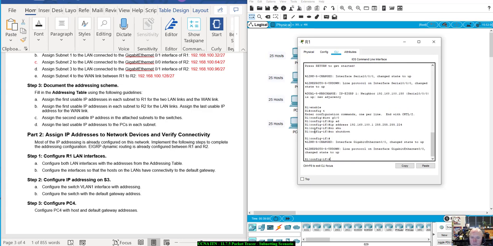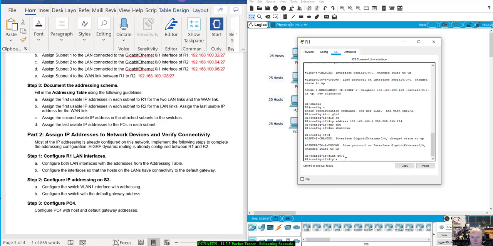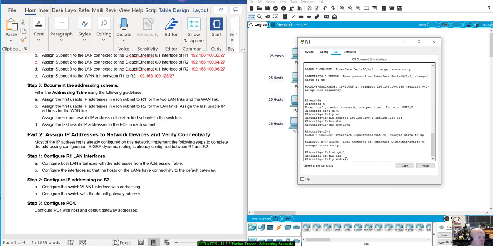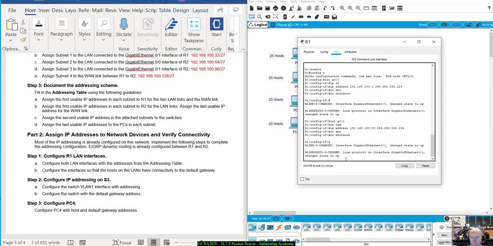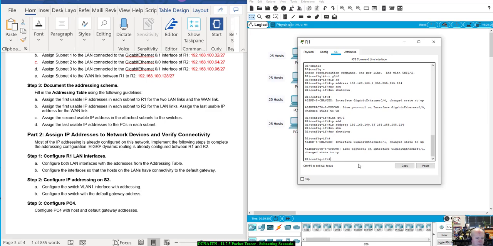Notice it gives us a message that says it's up. And it goes directly over to gigabit 0/1. IP address 192.168.100.33, and then a subnet mask of 255.255.255.224, and then a no shut.